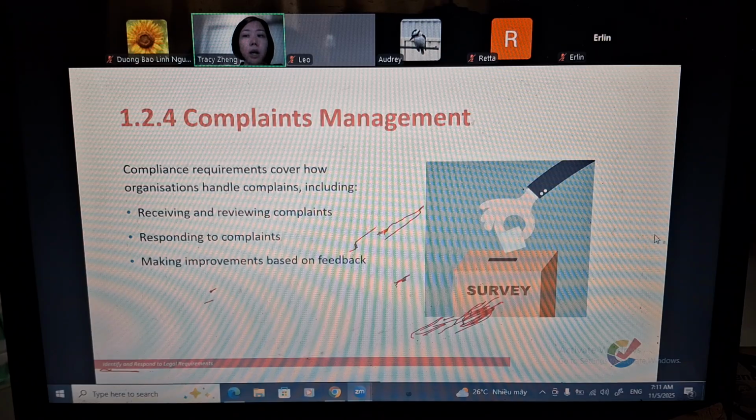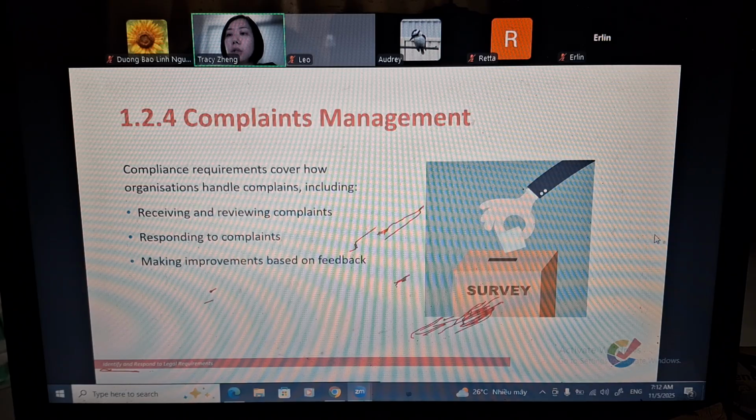You can give it to your manager, and most facilities also have a complaint letterbox. It is locked, and only certain people have the key to open it. You can put the complaint form into that box so the manager can follow up.